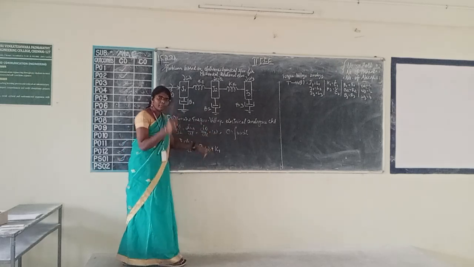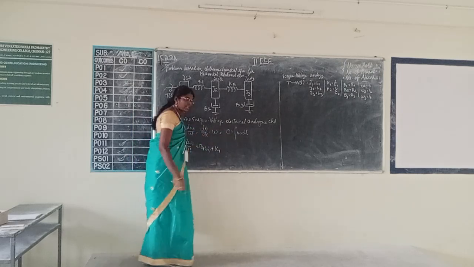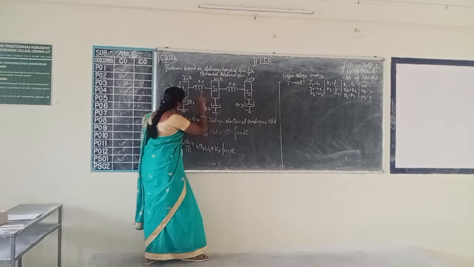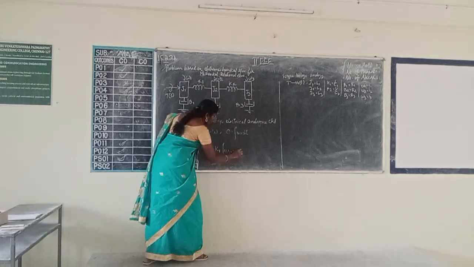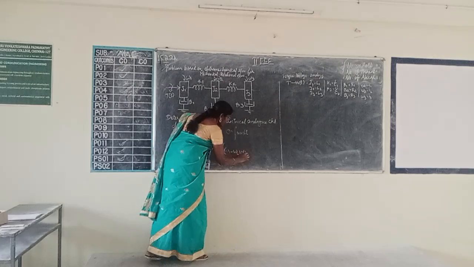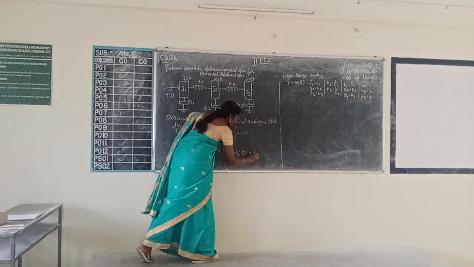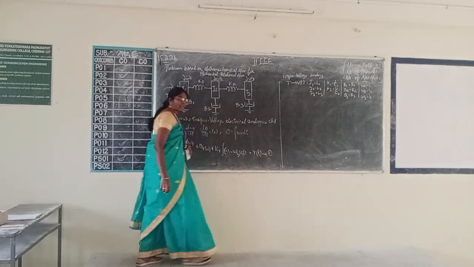For K1 it will be written as K1 into theta 1, where theta is the integral of omega 1 dt. Since it is common, we write K1 integral of omega 1 minus omega 2 dt. It is equal to the input T of t. This is equation number 1.